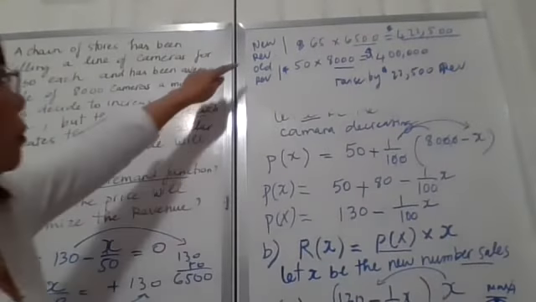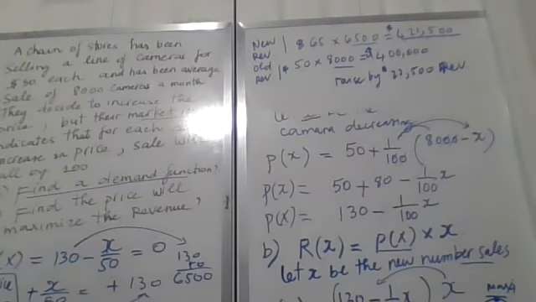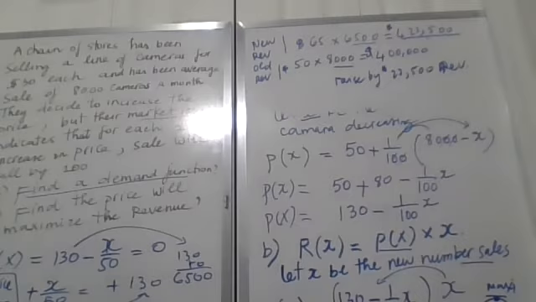Okay, sorry, I'm going to show you again. After we calculate the price increase, we know the revenue. To maximize revenue, we get a number of 6,500 cameras, so the number of cameras has decreased by 1,500 from 8,000. Now for every 100 cameras decrease, $1 raise.